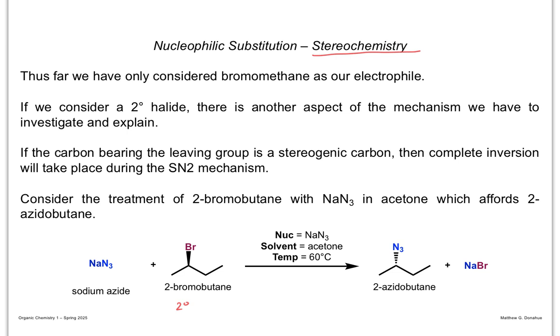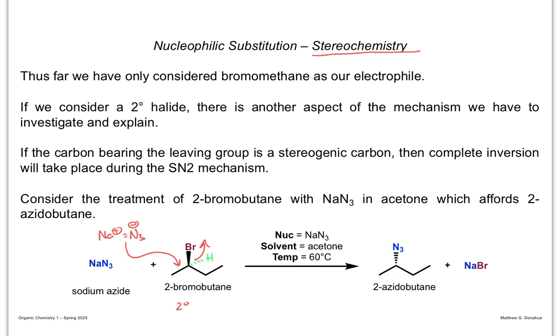We already stated that in the SN2 mechanism, the nucleophile has to attack at a trajectory that's completely opposite to the leaving group. Let me put that hydrogen in green.